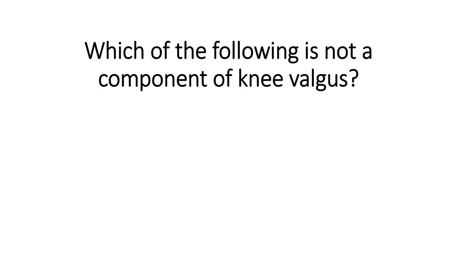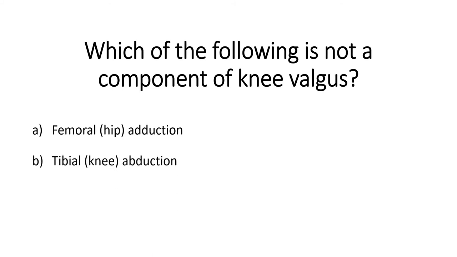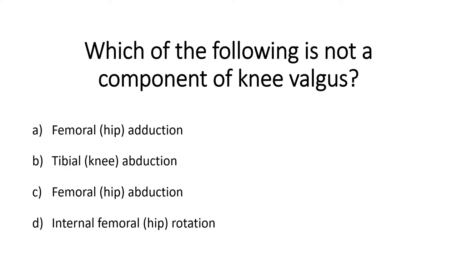Okay, moving on. Which of the following is not a component of knee valgus? A, femoral or hip adduction, B, tibial or knee abduction, C, femoral or hip abduction, or D, internal femoral or hip rotation?